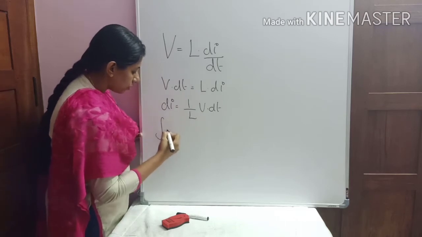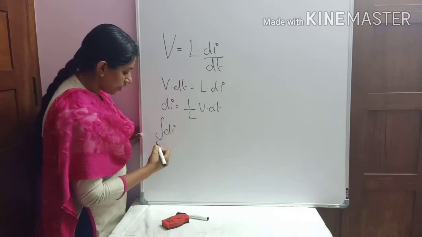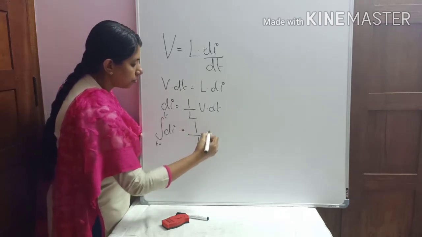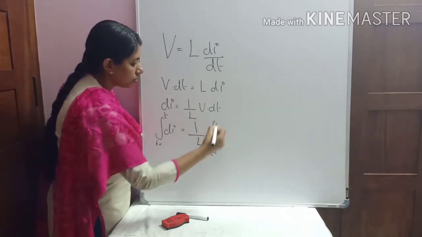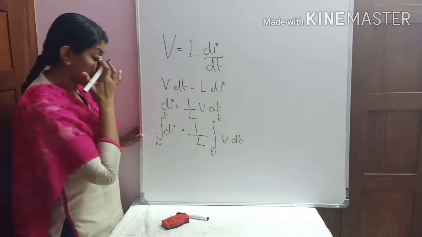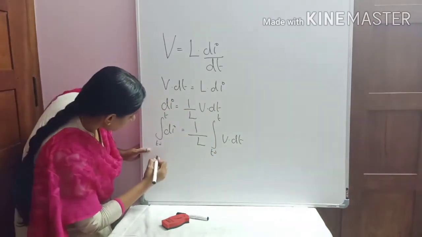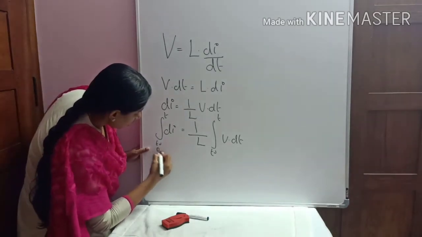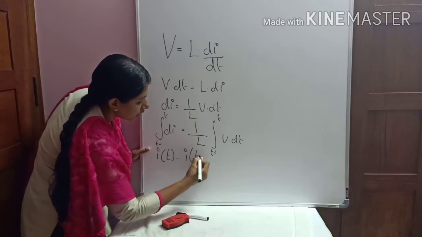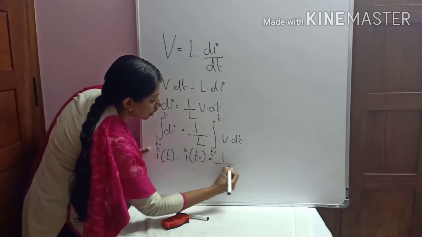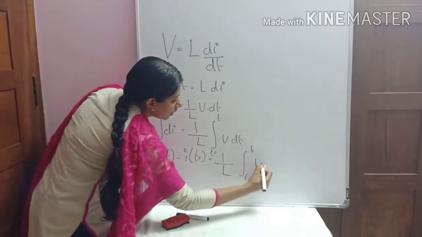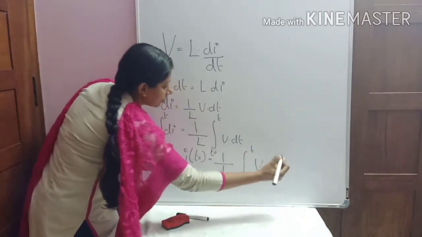Integrating both sides, di from t0 to t is equal to 1 by L into integral t0 to t V into dt, right? So when you integrate, we get I of t minus I of t0 is equal to 1 by L into integral t0 to t V into dt.